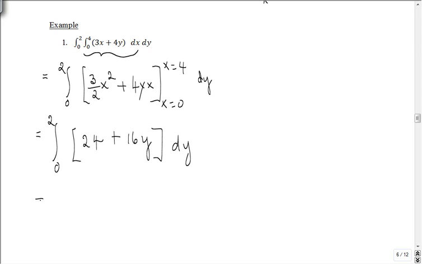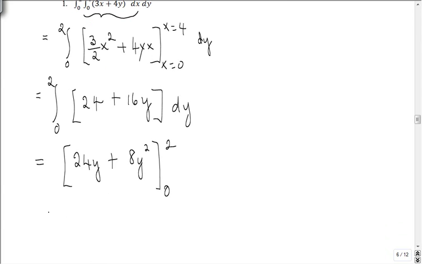So let's integrate that. Integrate 24 with respect to y. What's that? 24y plus 16y with respect to y. 8y squared from 0 to 2. Substitute. That's 48 plus 2 squared times 8, 32.